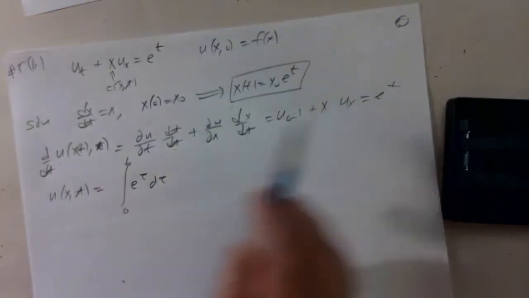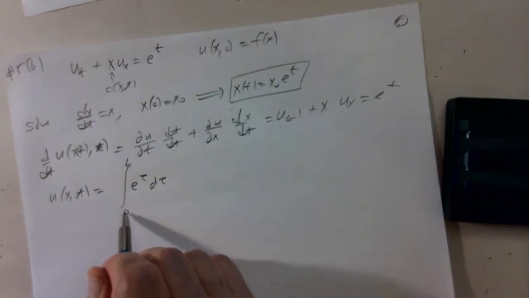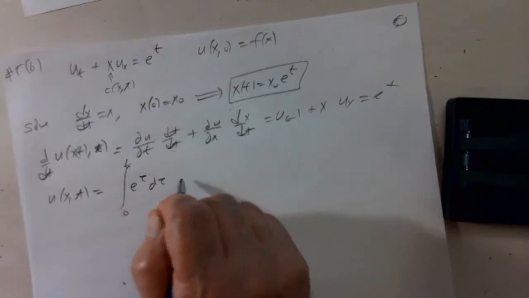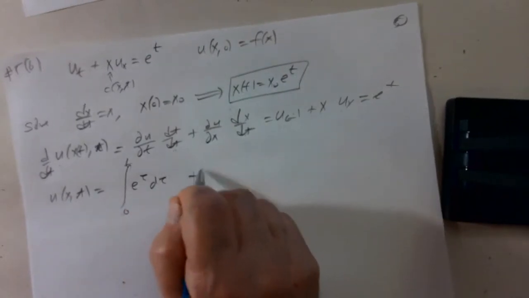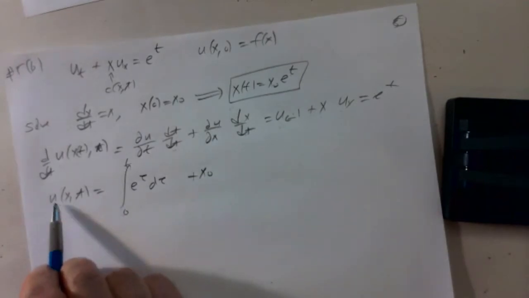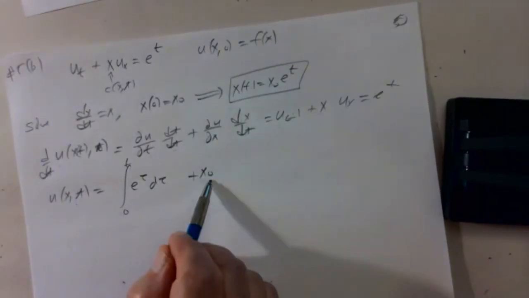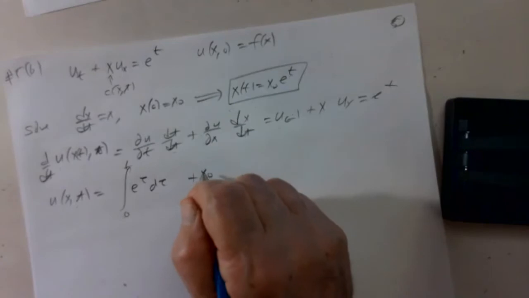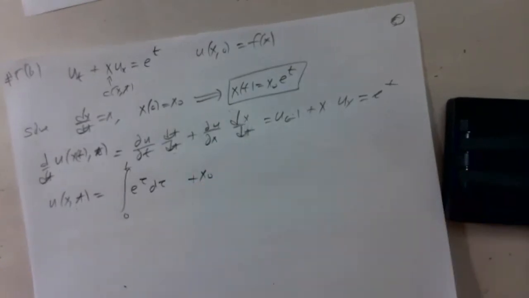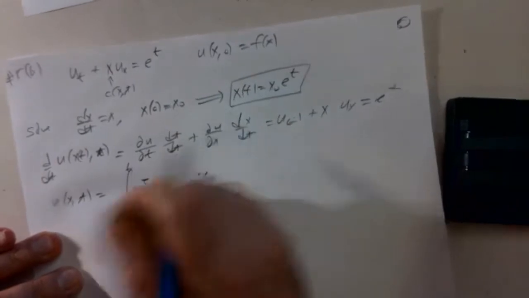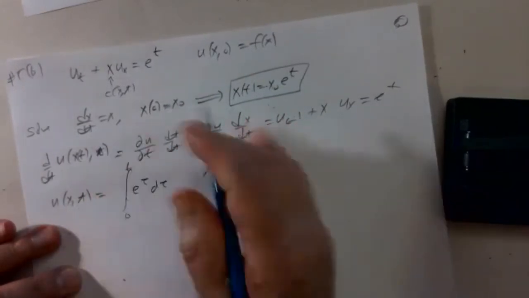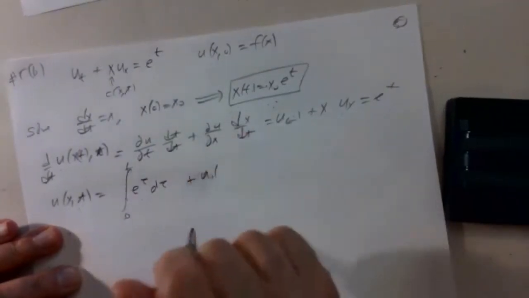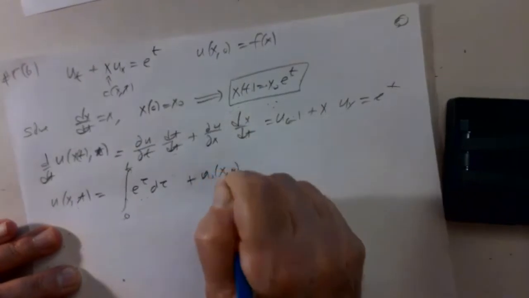If the derivative of u is e to the t, then u of x, t is equal to this integral plus u of x0.